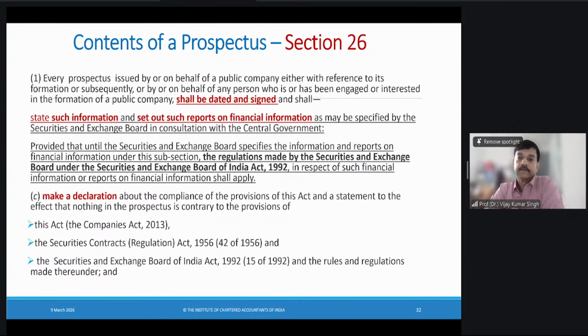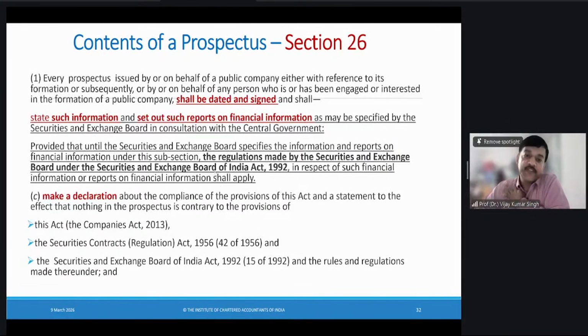Sir, in first subsection of section 26, in that proviso, I could not understand, sir. Okay, so it is saying basically that whatever information you see in the previous part, such information or such financial reports as may be specified by SEBI with reference to central government.